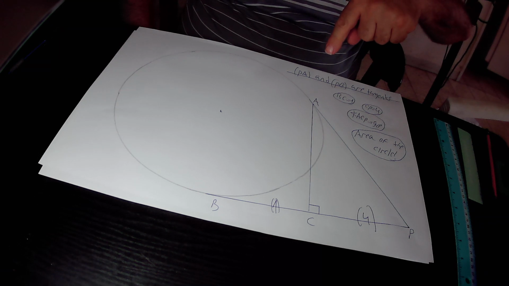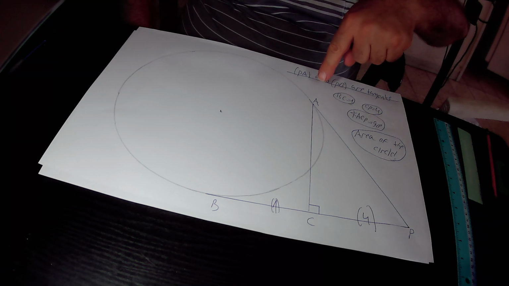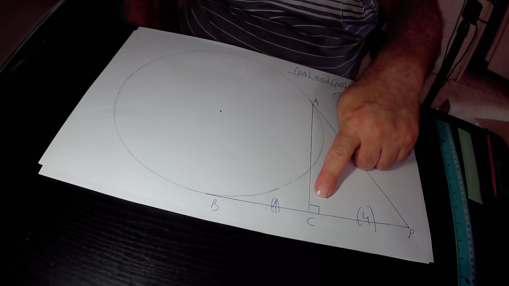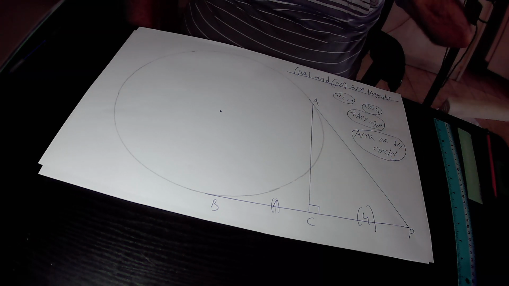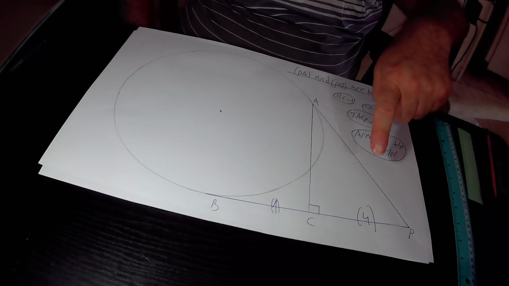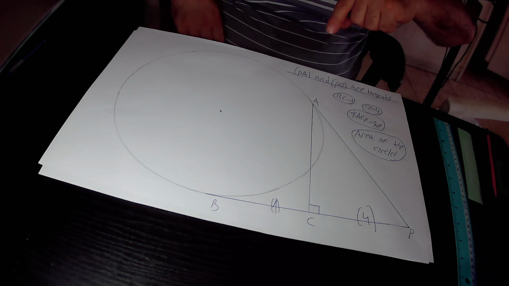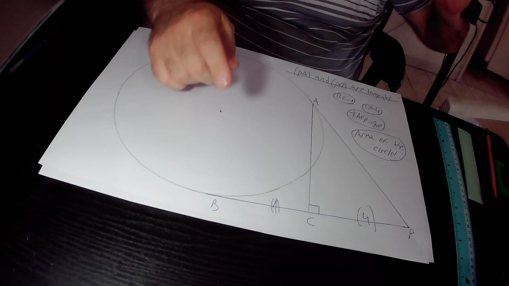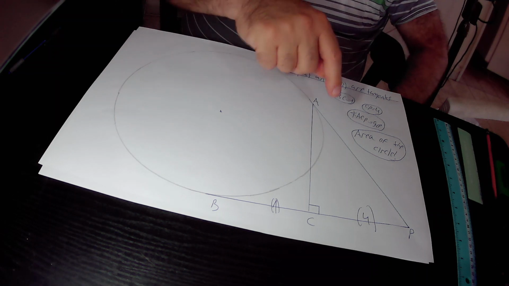The right angle ACP cuts the circle at 2 points, point A and this point. This is the angle ACP, that is the right angle. Side CP of the right triangle ACP equals 4 units in its length. This is line segment BC, that equals 1 unit. And our mission is to find out the area of this circle.